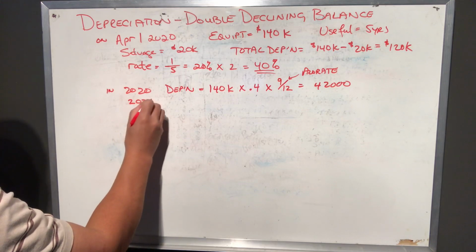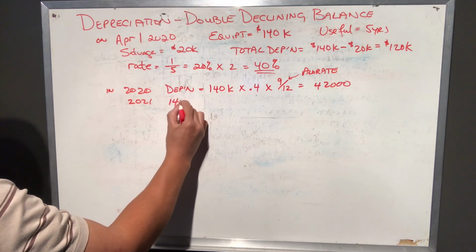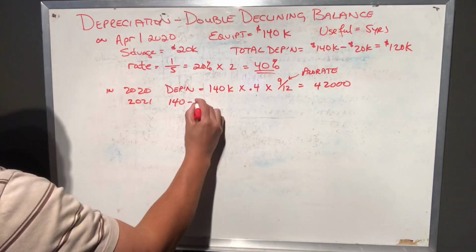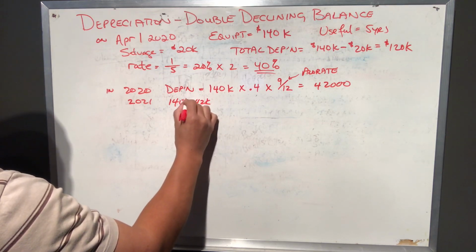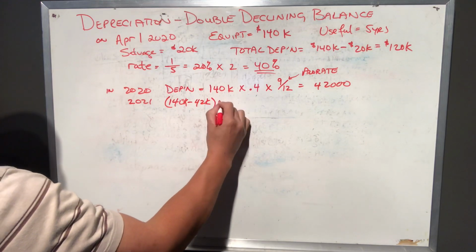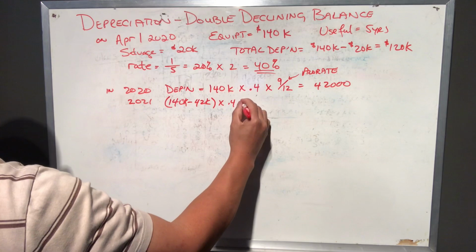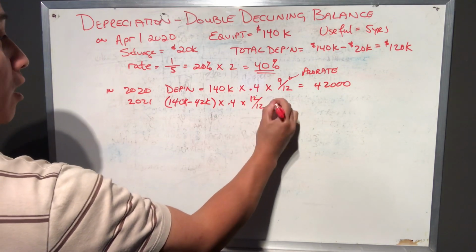In 2021, our depreciation is going to be 140K minus the 42K that was recognized in 2020, multiplied by 0.4 for the double declining balance rate, multiplied by 1 whole year, or 12 out of 12.